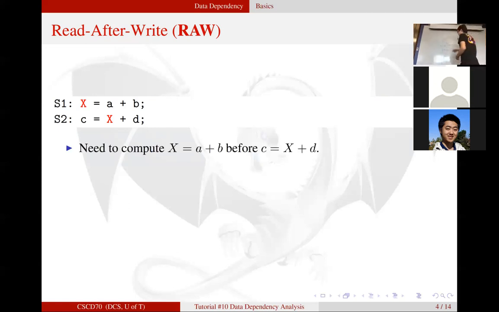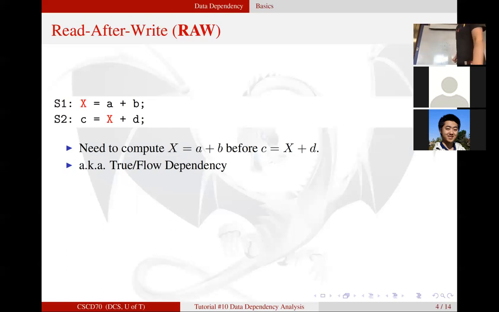Apparently, as we can see from the sequence of instructions, we need to compute the value of x before the value of c. This type of dependency, the read after write dependency, is also known as true dependency, and also as flow dependency. Those are 2 different names for it.